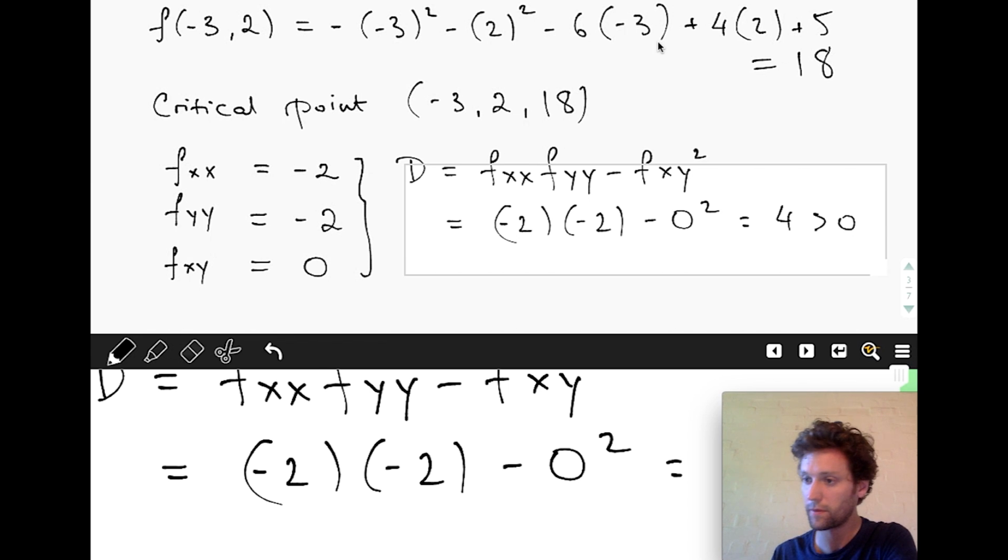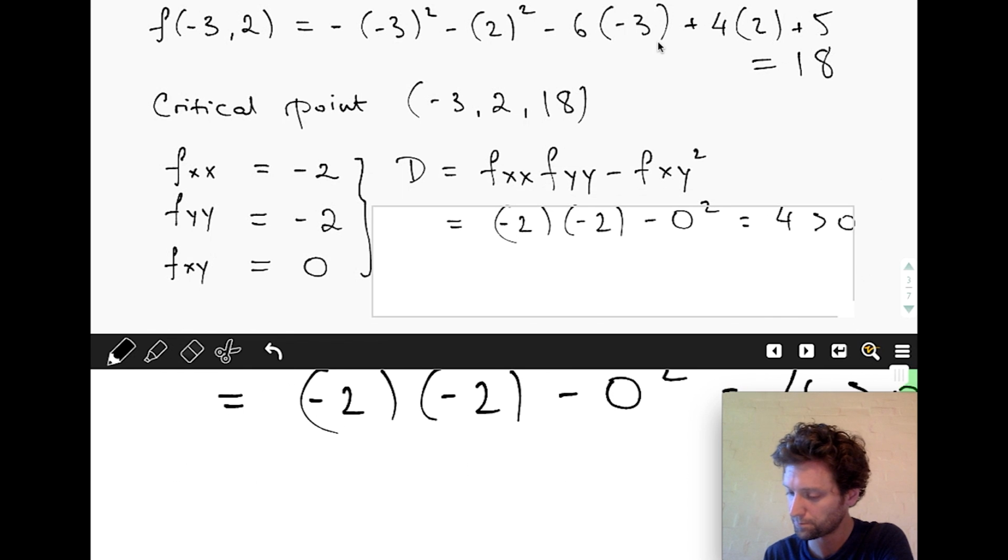That's a positive number, which means I'm looking at a local maximum or minimum here. I've got closed contours.